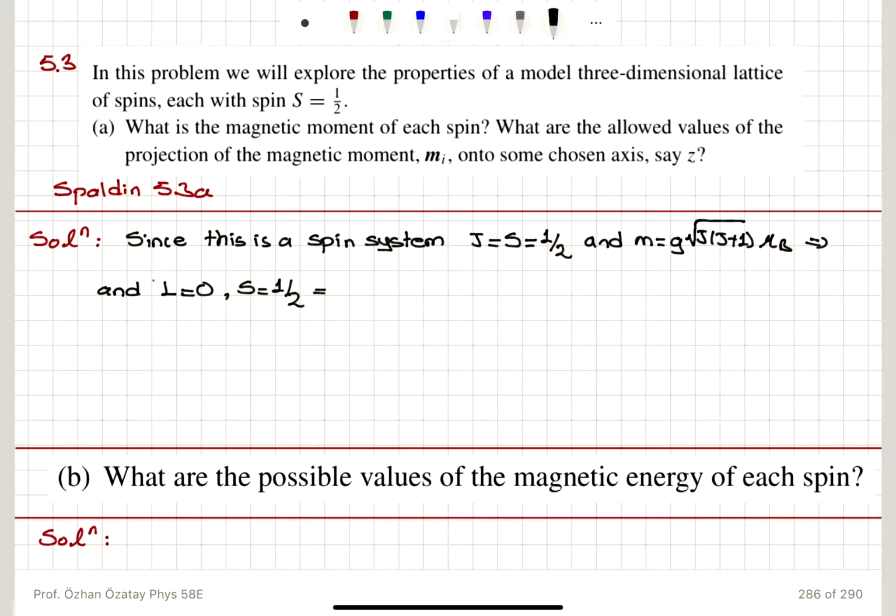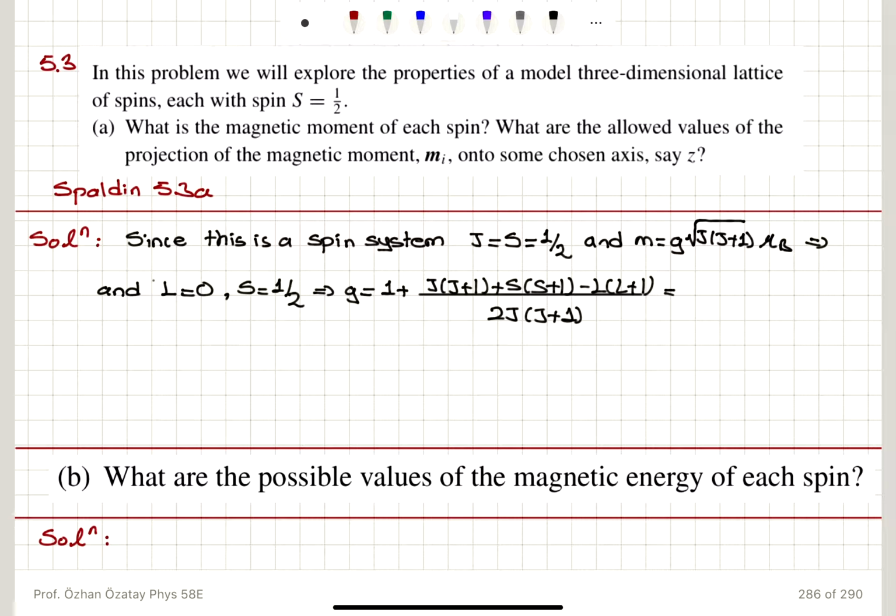So this gives us a lambda factor G, which is equal to 1 plus J plus 1 plus S plus 1 minus L L plus 1 divided by 2J plus 1, which is equal to, so you can see here this part is 0.